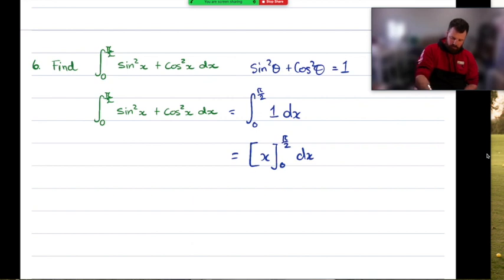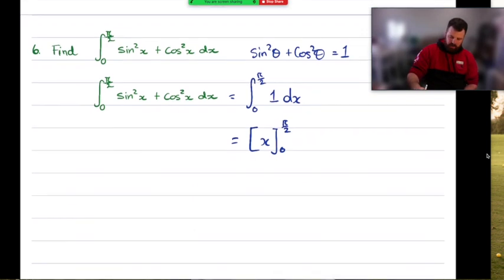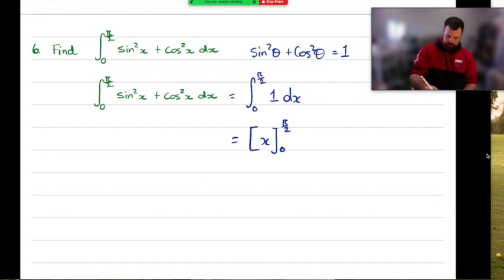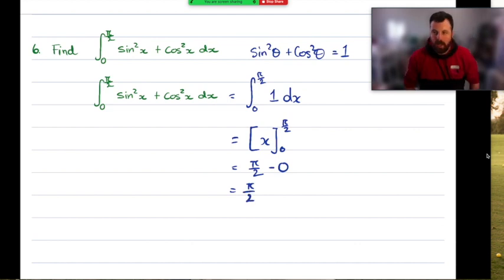And pi on 2 minus 0, so we're just left with pi on 2 minus 0, so our final value here is just pi over 2.